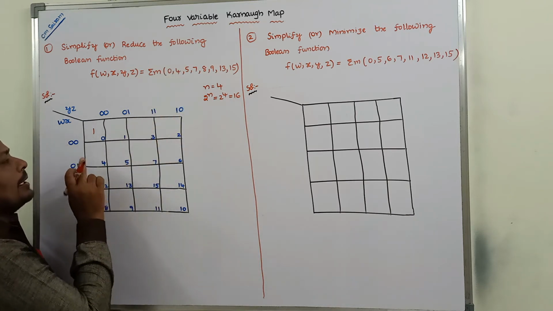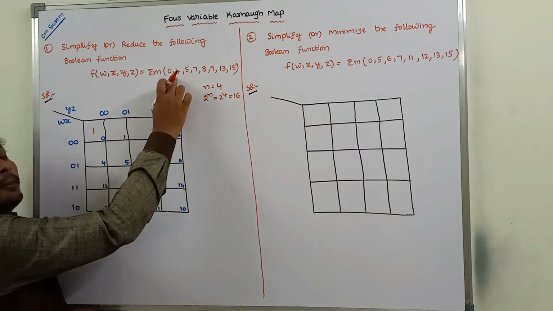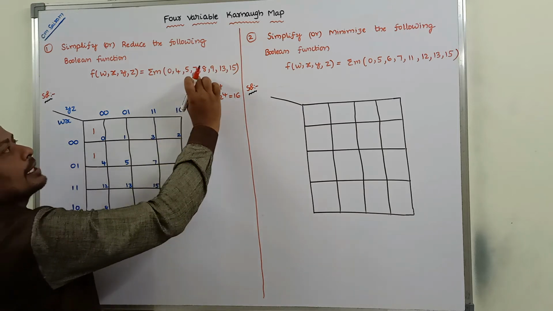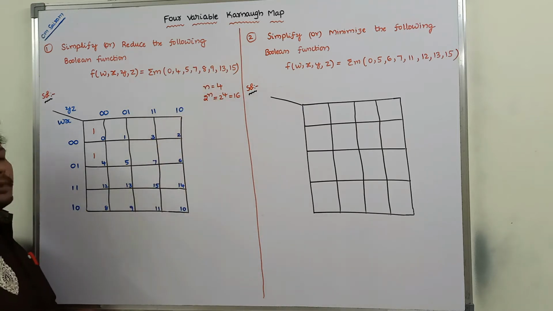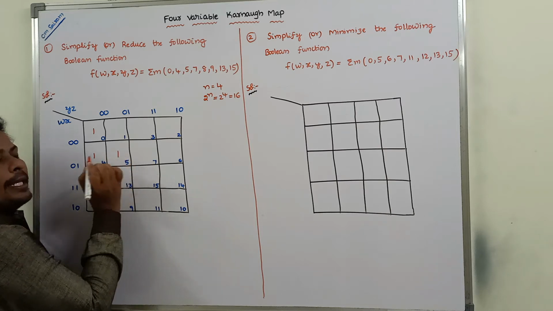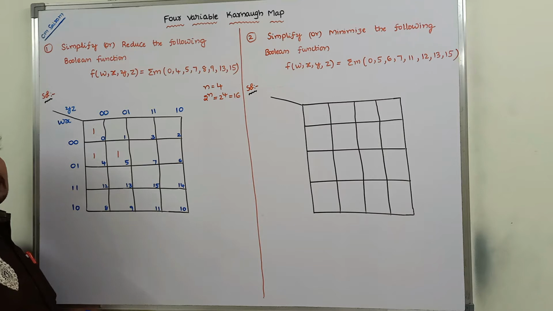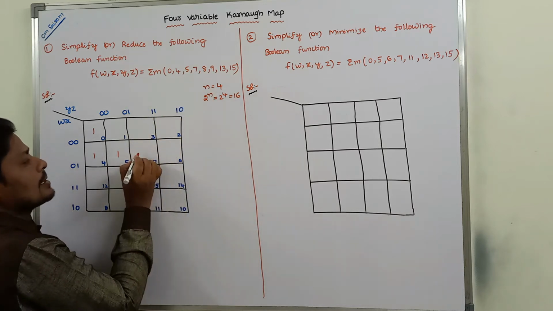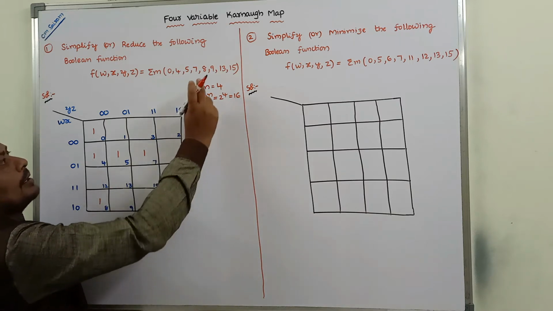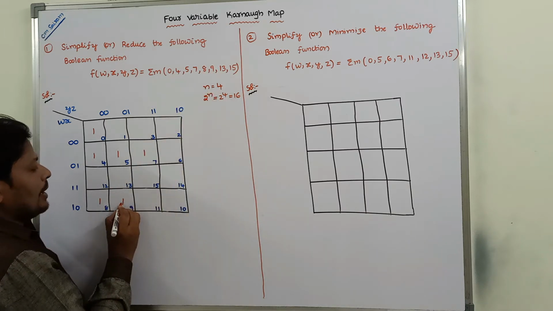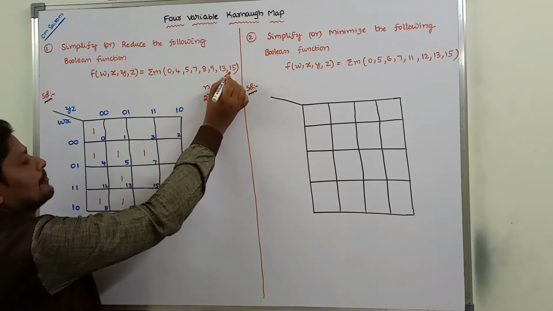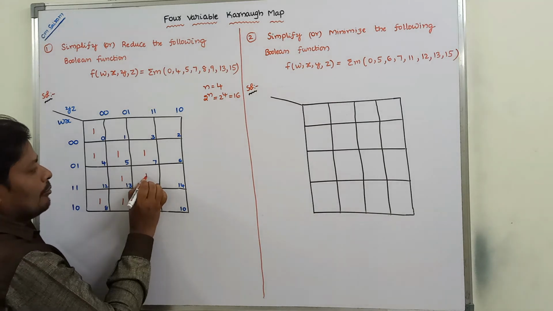The corresponding cell is here, we insert 1. Next minterm 5, we insert 1. Next 7, 8, 9, 13 and 15, we insert 1 in each.